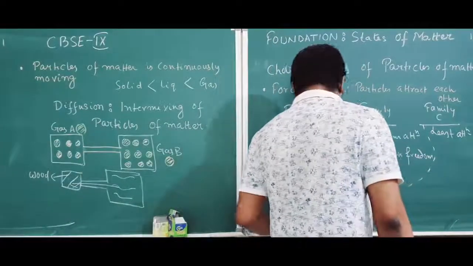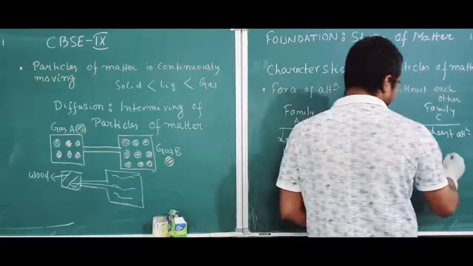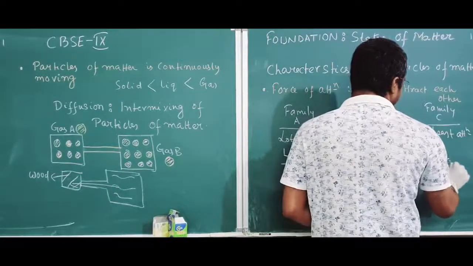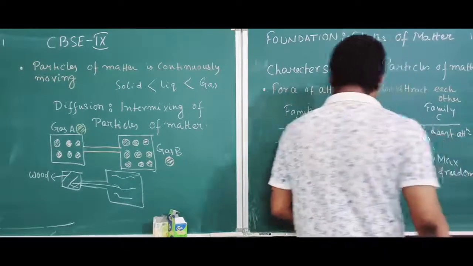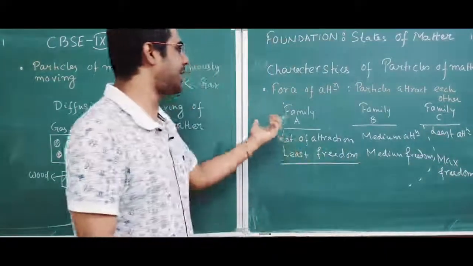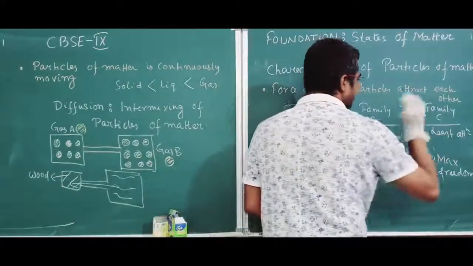Okay, in this kind of case we are going to get maximum freedom. In the first, the force of attraction is the highest. In this one, the force of attraction is the least.